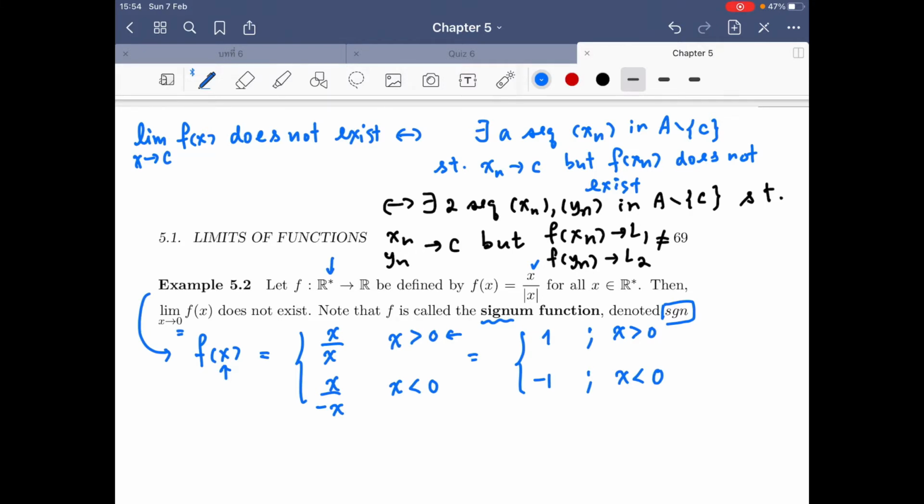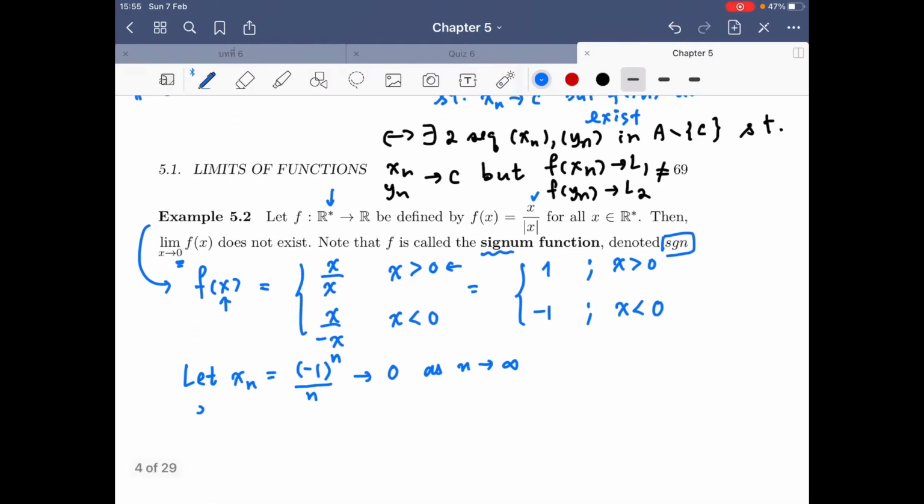So you may think of x_n to be negative 1 raised to the power n over n. Remember, this one of course goes to 0 as n goes to infinity. So this is the point c under this consideration, and x_n goes to c.